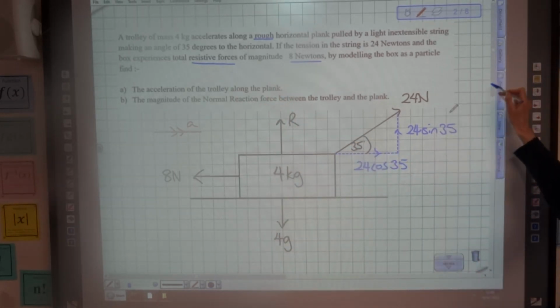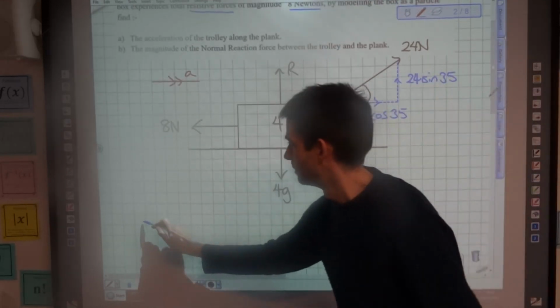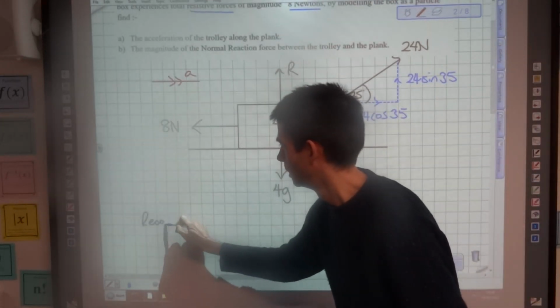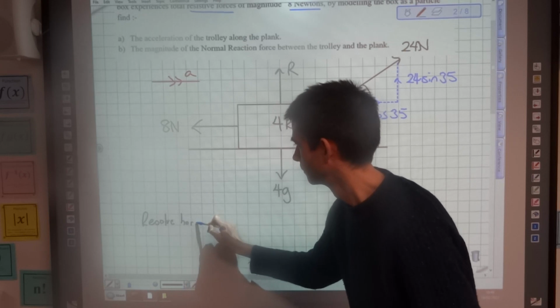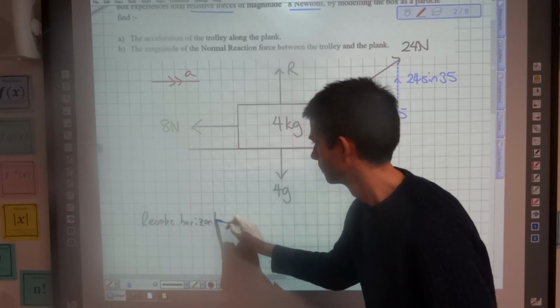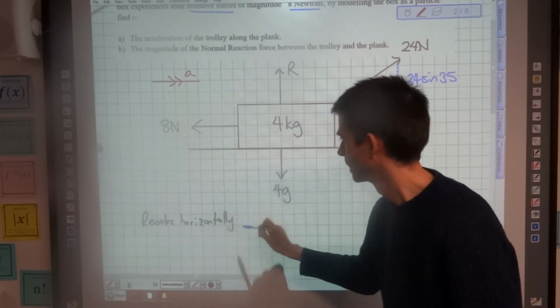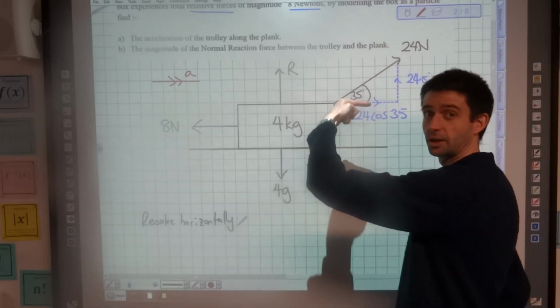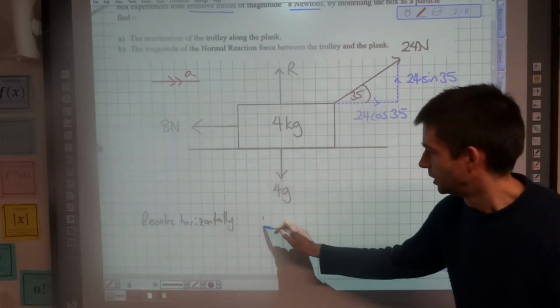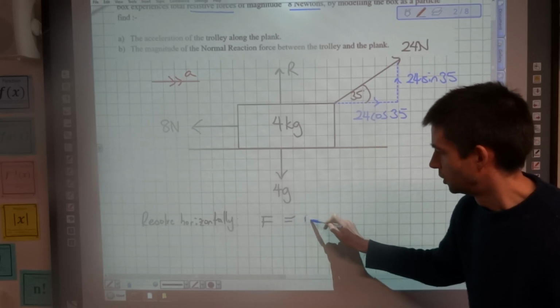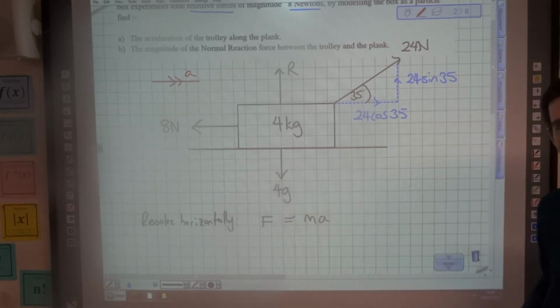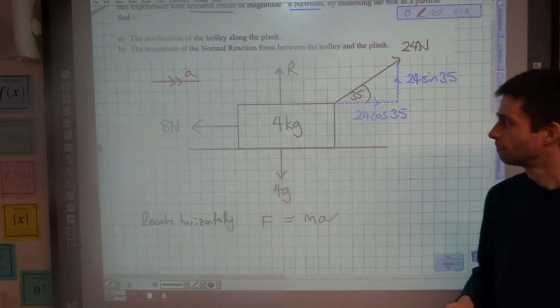So I'm going to resolve in the direction of motion, taking this direction to be positive, and use the equation that resultant force equals mass times acceleration.